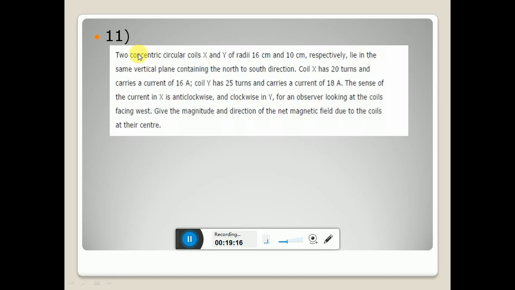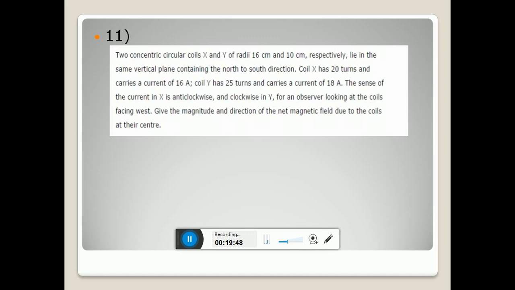The two concentric circular coils X and Y lie in the same vertical plane containing the north to south direction. If you assume the plane of the coils lies in the north to south direction, then by applying the right hand thumb rule, the magnetic field generated by these coils will be either towards east or west, depending on the clockwise or anti-clockwise movement of the current in the coil.